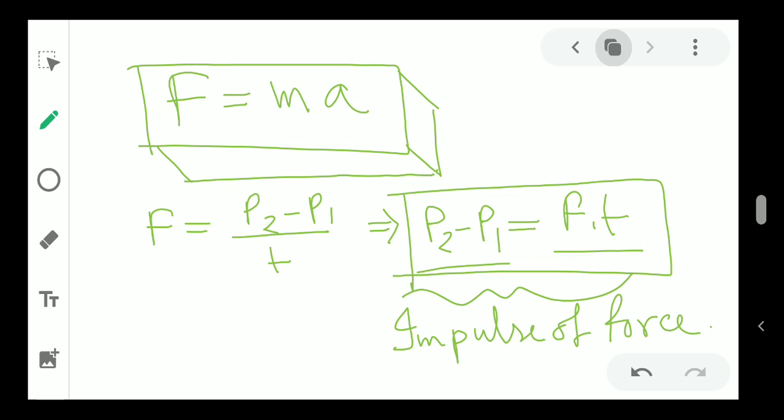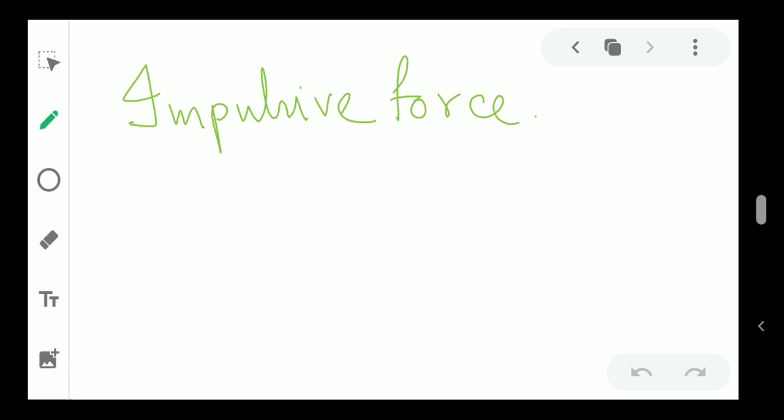So today, one more thing is there. There is another thing called impulsive force. There is a huge difference between these two. Impulsive force and impulse of force are not the same. Impulsive force means what?